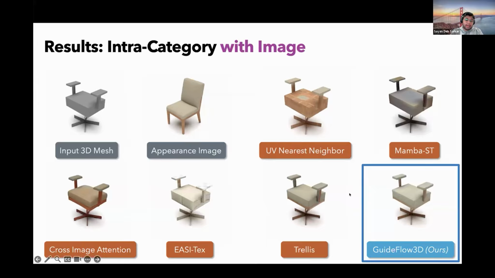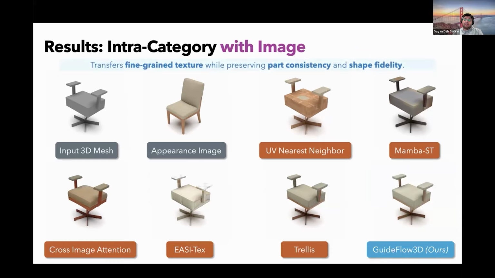But as you apply guidance on top of Trellis, you get this very nicely. And then what you essentially get is you are able to transfer these fine-grained textures while preserving part consistency. So there is no mismatch in textures getting transferred from one part to the other. And you also get enough shape fidelity so that you get these high-quality textures getting transferred seamlessly, right?